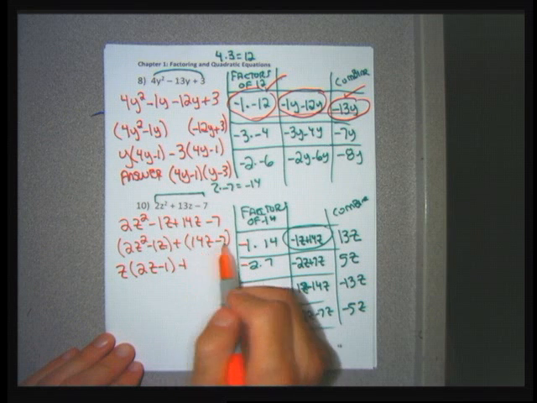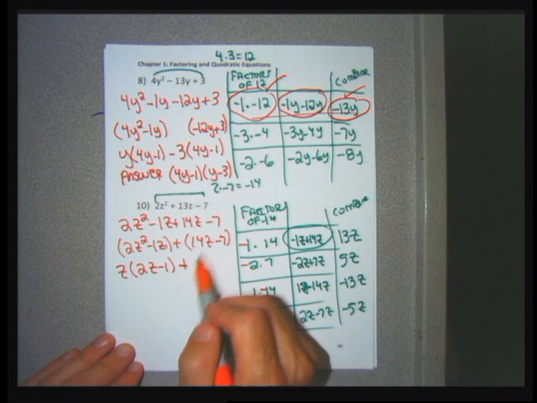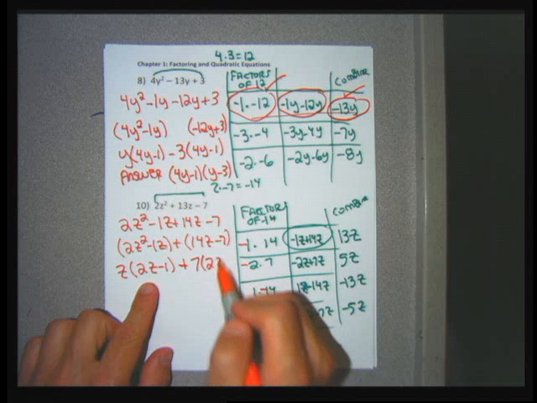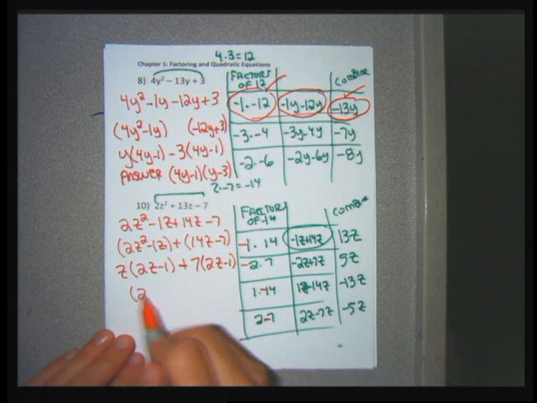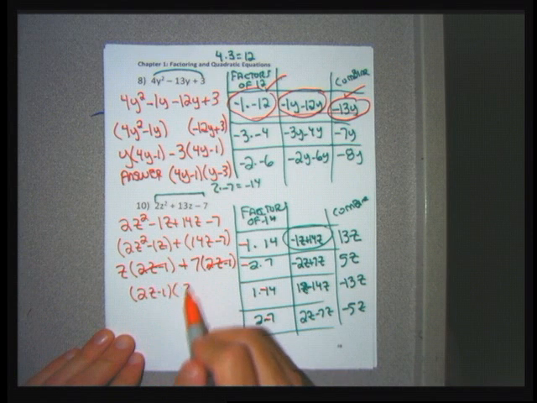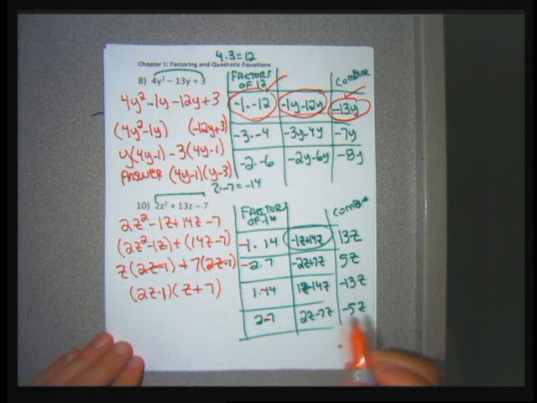Here I'm going to factor out a 7. I don't factor out a negative because the first thing in the parentheses isn't negative. When I factor out a 7, I have to be left with a 2z minus 1. And then, final step, factor out the 2z minus 1. I'm left with a z plus 7. So the answer should be 2z minus 1 times z plus 7.